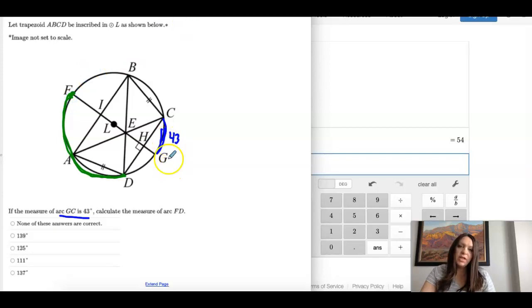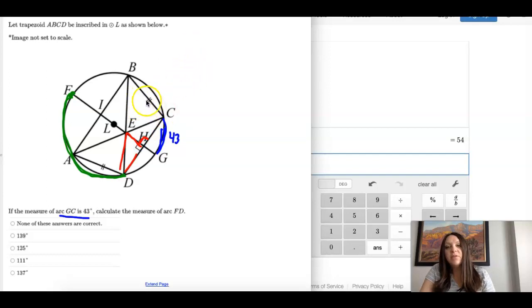There are a couple things we need to pay attention to. We have a right triangle here, and this is a right triangle. And we probably forgot some facts about trapezoids.